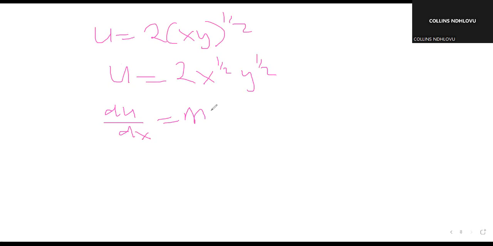Which one is our dummy? y half, right? What are we differentiating? 2x half. 2x half becomes what when you differentiate? 2 times half becomes what? 1. We never write 1. And subtract 1 from the half, we get negative half.